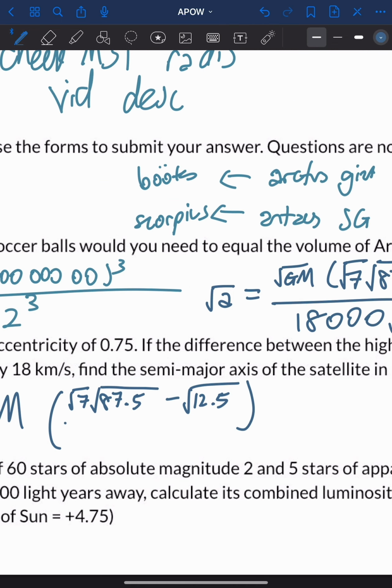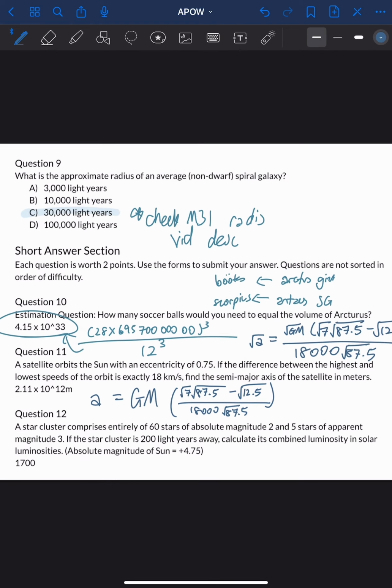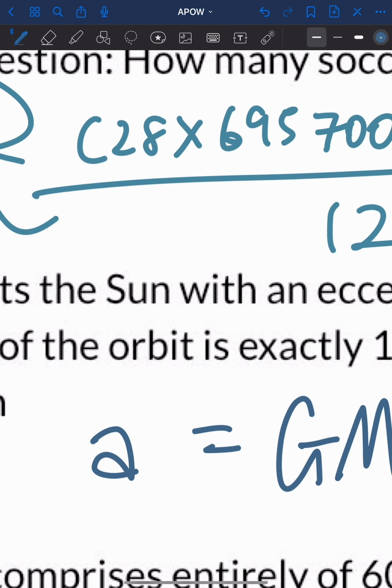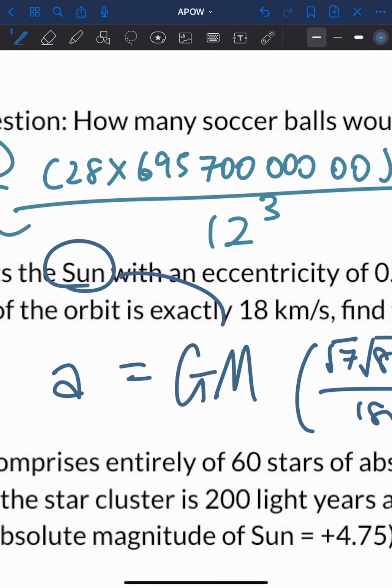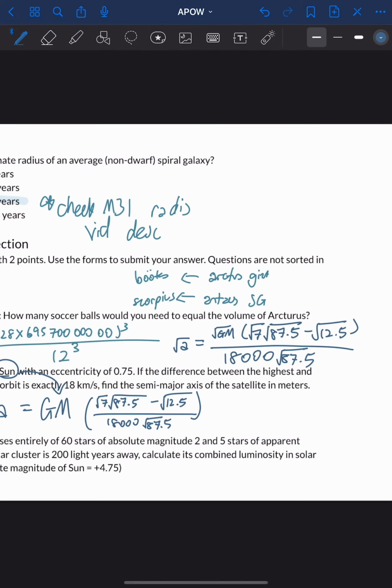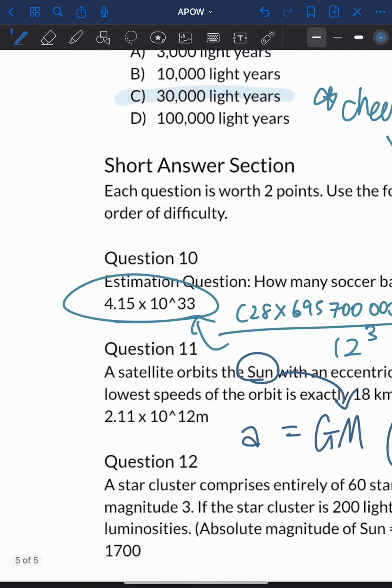All this over, which when you plug it in, solving, remember it's the sun, not Earth. So when you plug it in, you will get this.